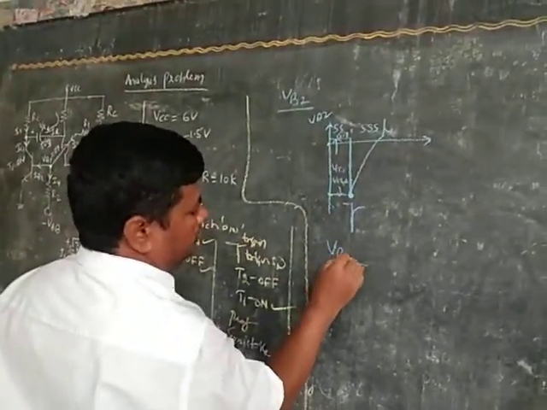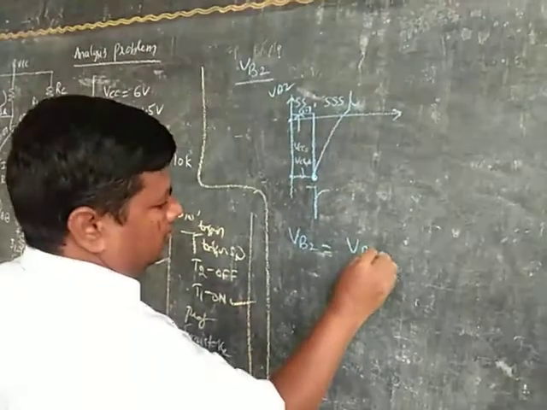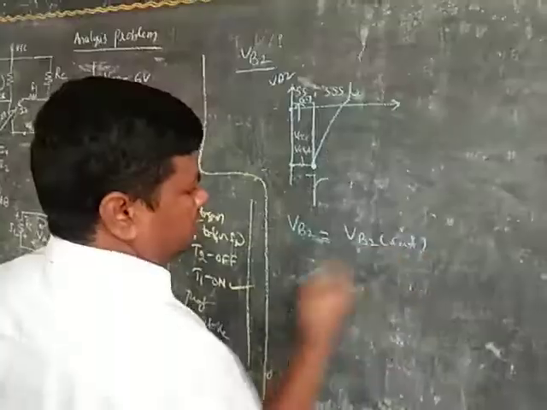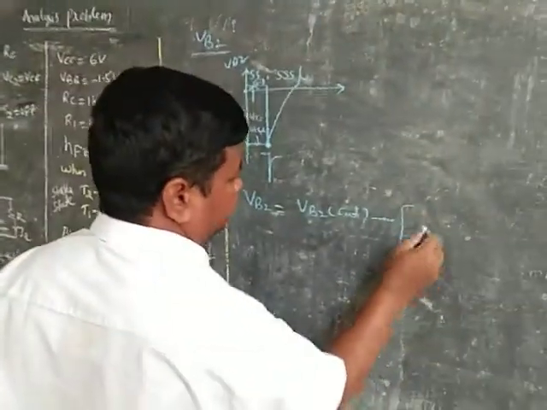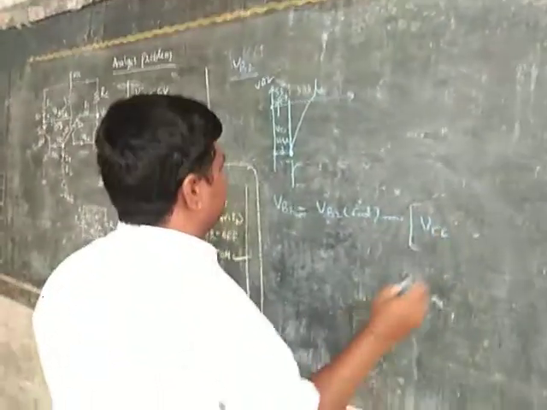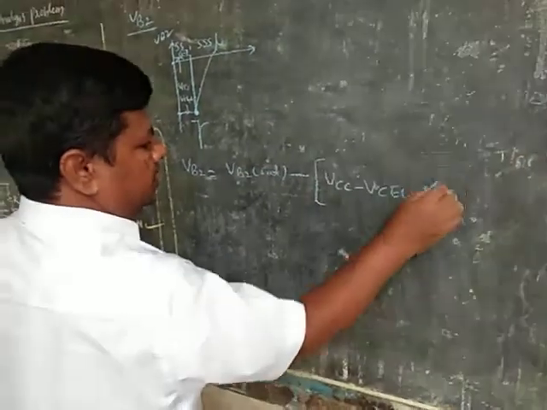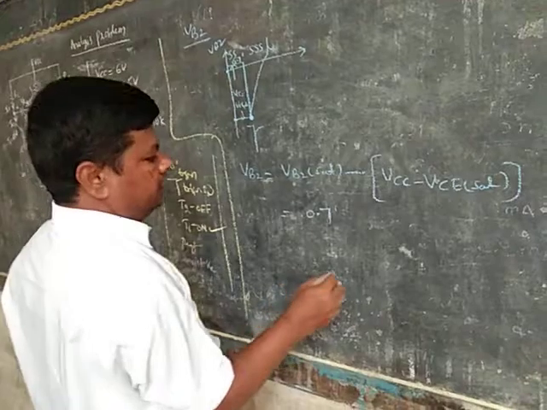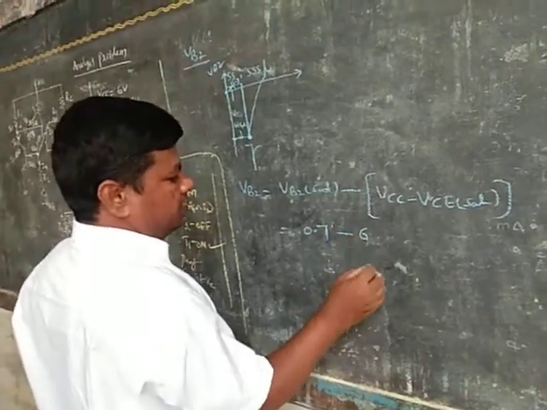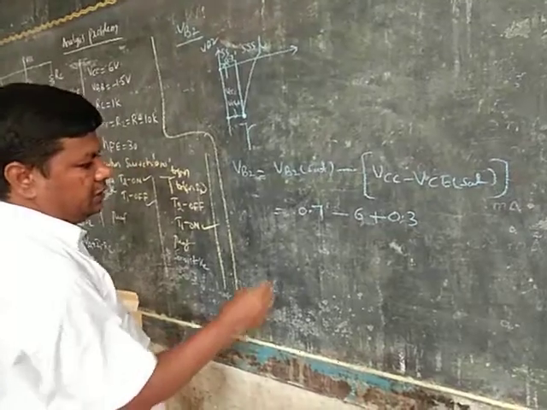Now the value of VB2 is, initially it is at VB2 saturation. Now suddenly it drops to VCC minus VCE saturation. Now VB2 is equal to 0.7 minus 6 volts plus 0.3.